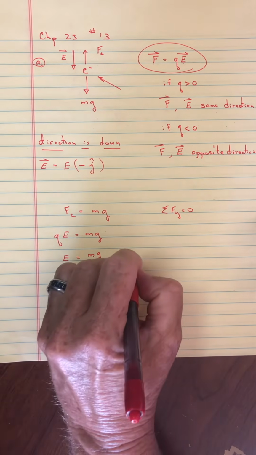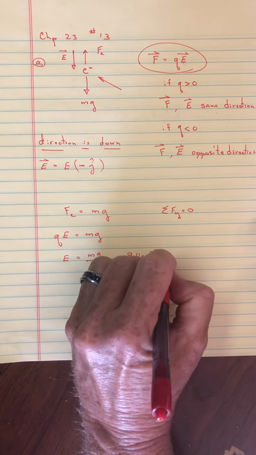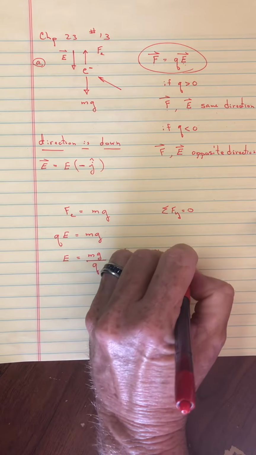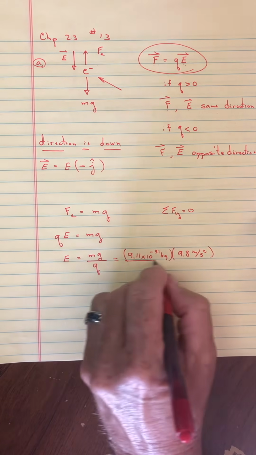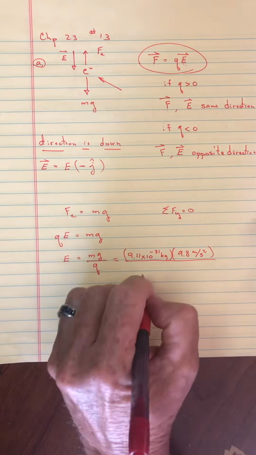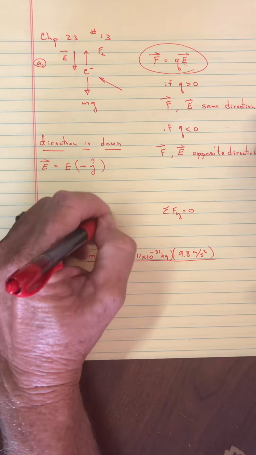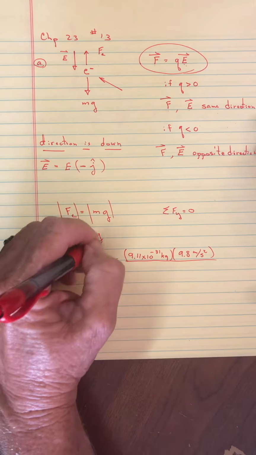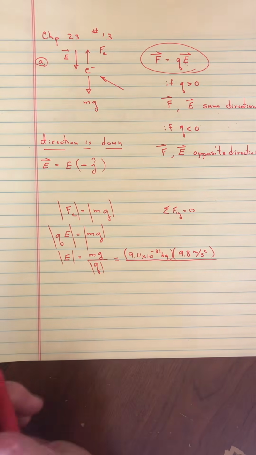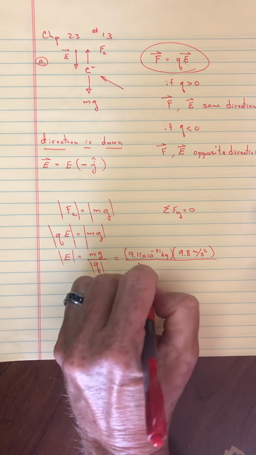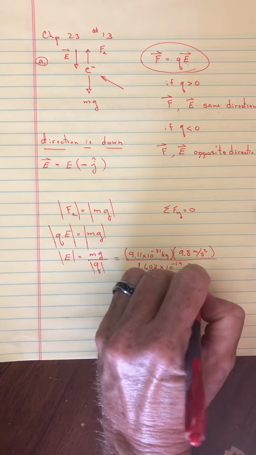So for the electron, the mass is 9.11 times 10 to the negative 31 kilograms. g is 9.8 meters per second squared. And the charge of the electron, now the magnitude of the charge, I should have emphasized that, I said here magnitude, magnitude, magnitude. So magnitude gives me magnitude. I already did directions. Okay, and so I'm going to go 1.602 times 10 to the negative 19 coulombs.